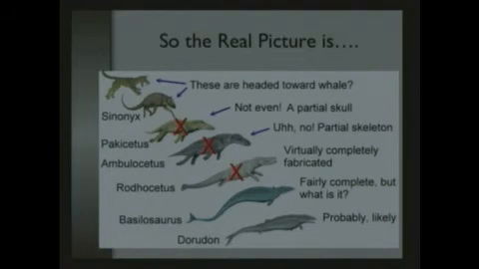All right, Rhodocetus, the worst of the lot, almost completely fabricated, looks nothing like the way it's pictorially represented. There's no fossil evidence to sustain the way it's pictorially represented. The thing was likely not a swimmer. There's no evidence to suggest it was, but it's whale-like and it's in the whale lineage.